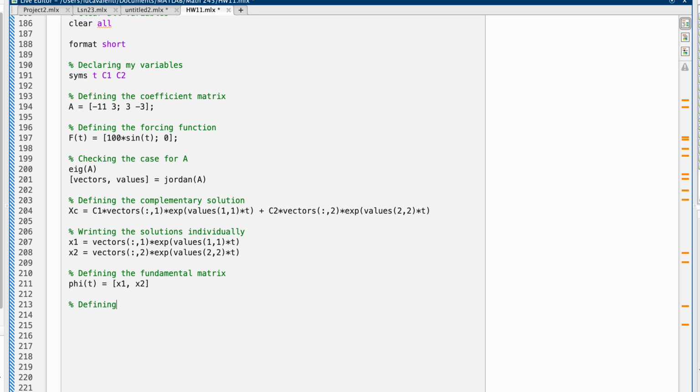Now I'm going to define the inverse, which is going to be, well, I'm not going to define it, I'm actually just going to find it.